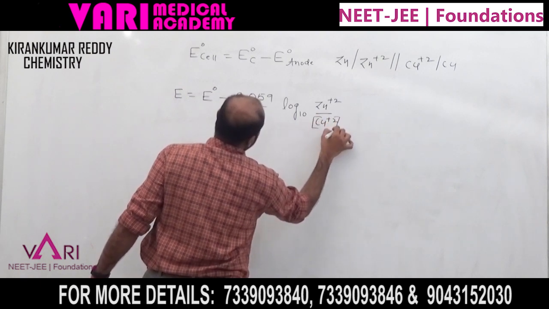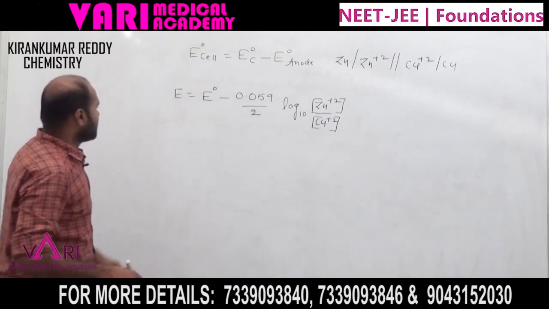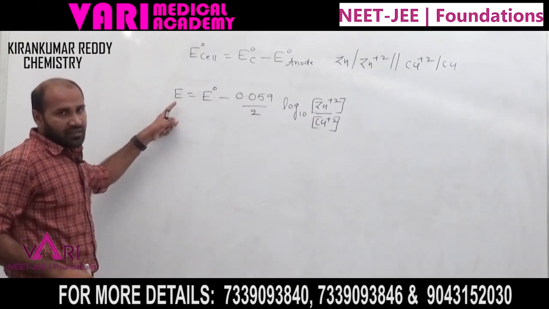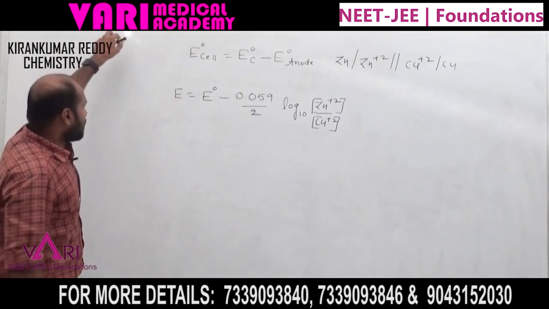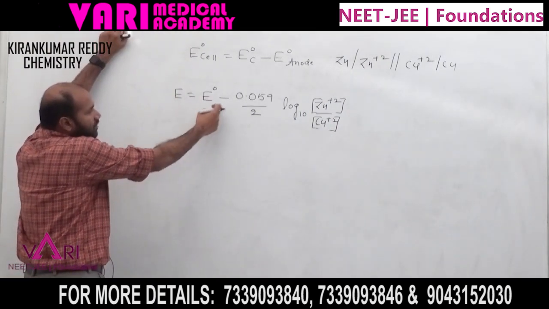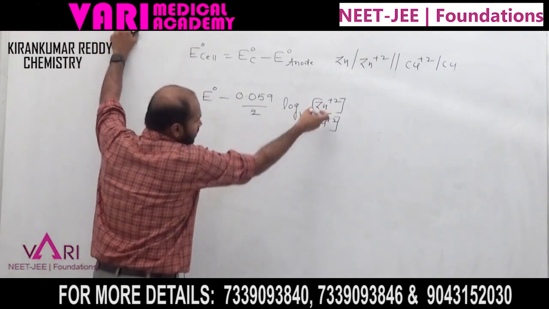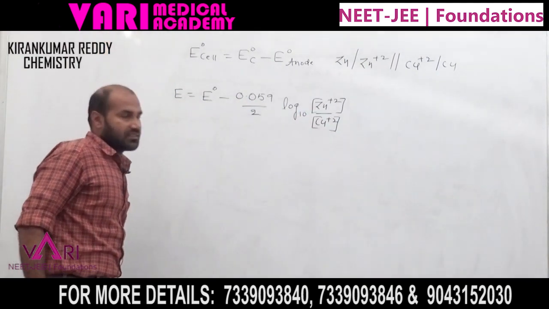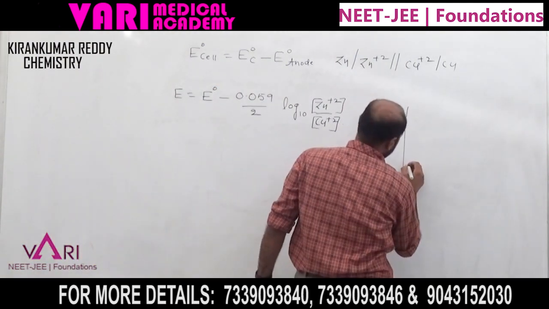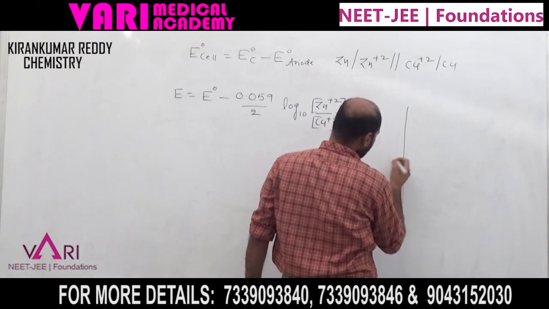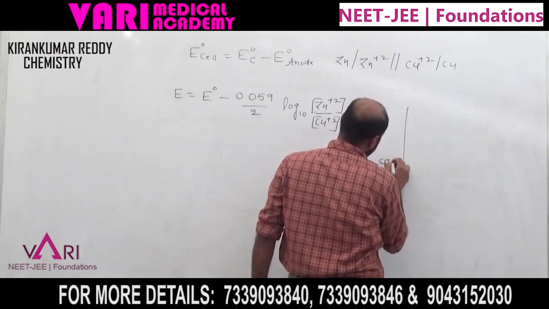Now E cell is equal to E naught cell minus 0.0591 by 2 log Zn plus 2 by copper plus 2 concentration. This is the EMF, cell potential or electrode potential we are using.